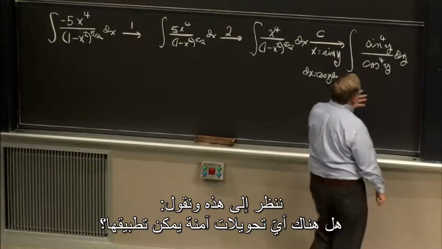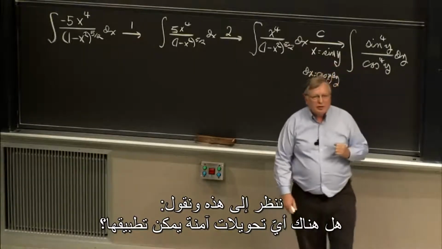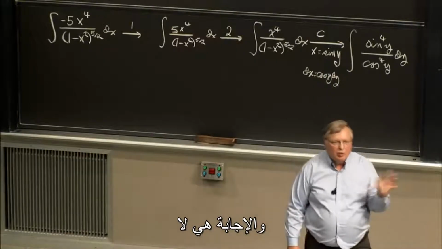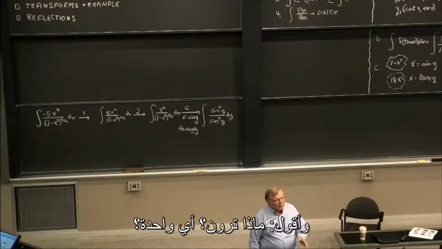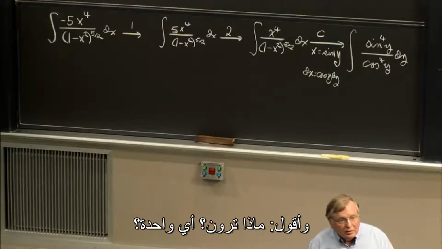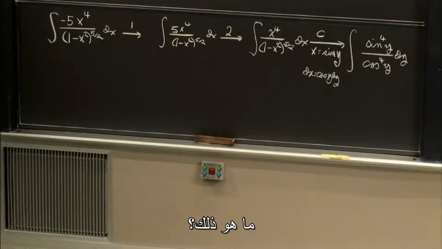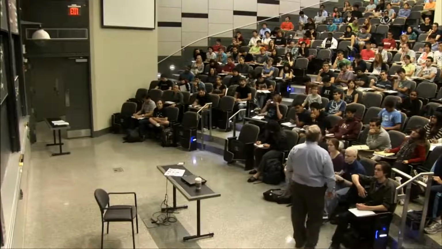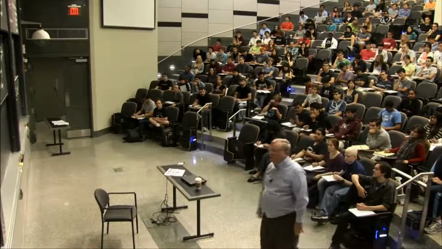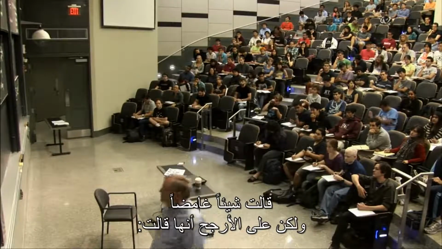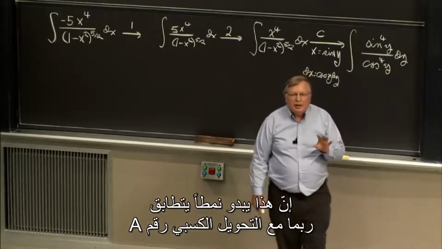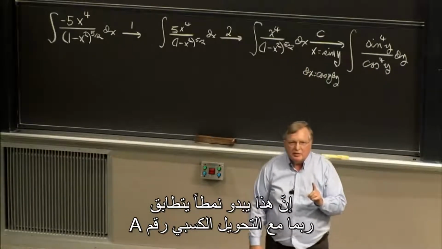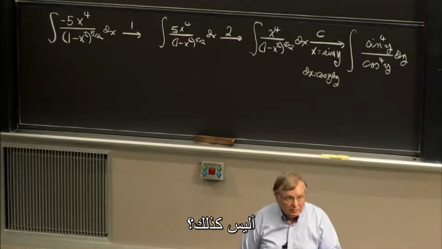We look at this. We say, are there any safe transformations that apply? The answer is no. Now we look for a heuristic transformation that might apply. And I said, what do you see? Which one? What's that? She said something unintelligible. What she probably said is that this looks like a pattern that might match with the heuristic transformation A, right?